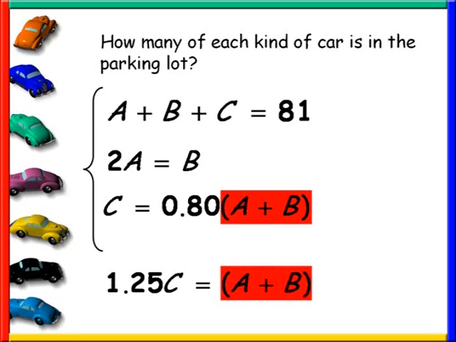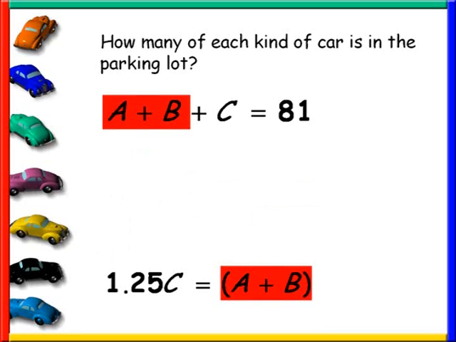The A plus B will now be substituted using 1.25C. So going back up to the first equation, we can replace A plus B with 1.25C.